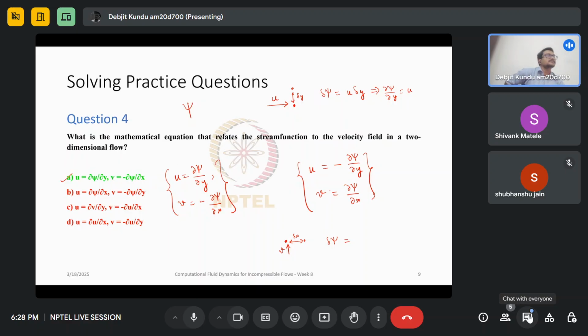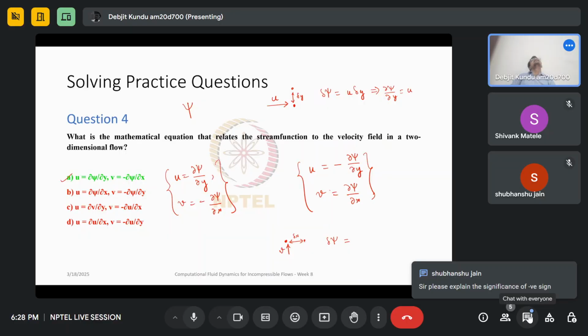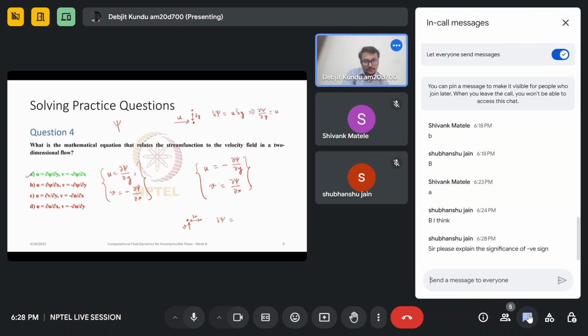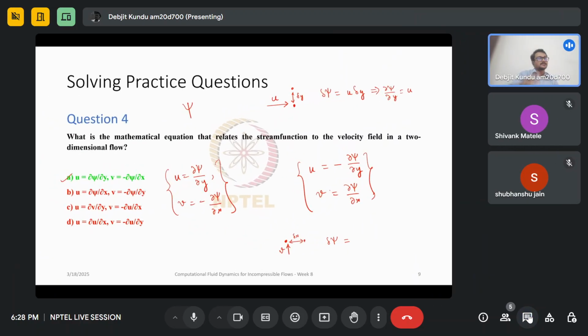So basically, you go up delta y, you go this way delta x. Yeah, the negative sign. So there's a specific reason why that negative sign comes.